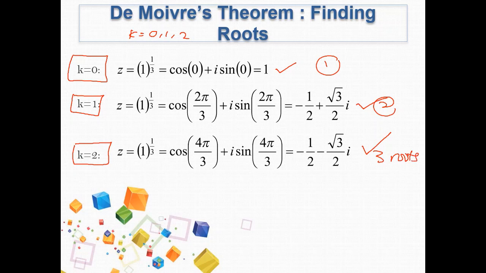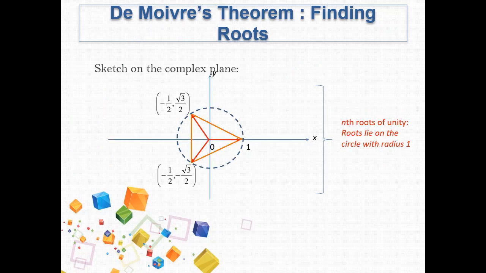Okay, alright. So this is just additional information that you can give from the roots that you find. Just now you have 3 roots, right? You can sketch them on the complex plane or on the Argand diagram. Okay, so this is the first root where your k is 0, and this is the second root where your k is 1, and this is the third root where k is 2.